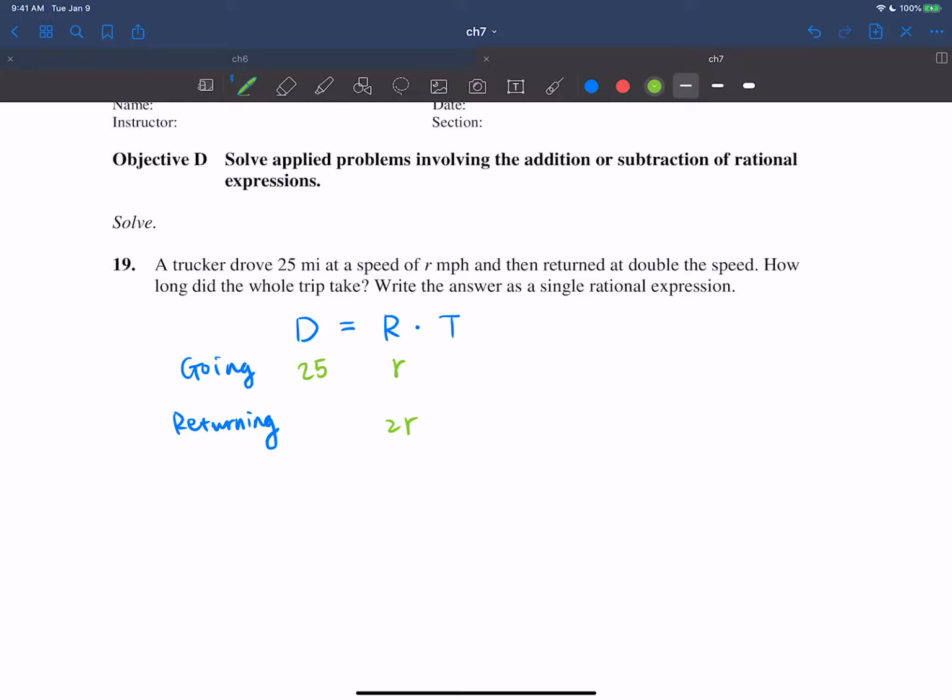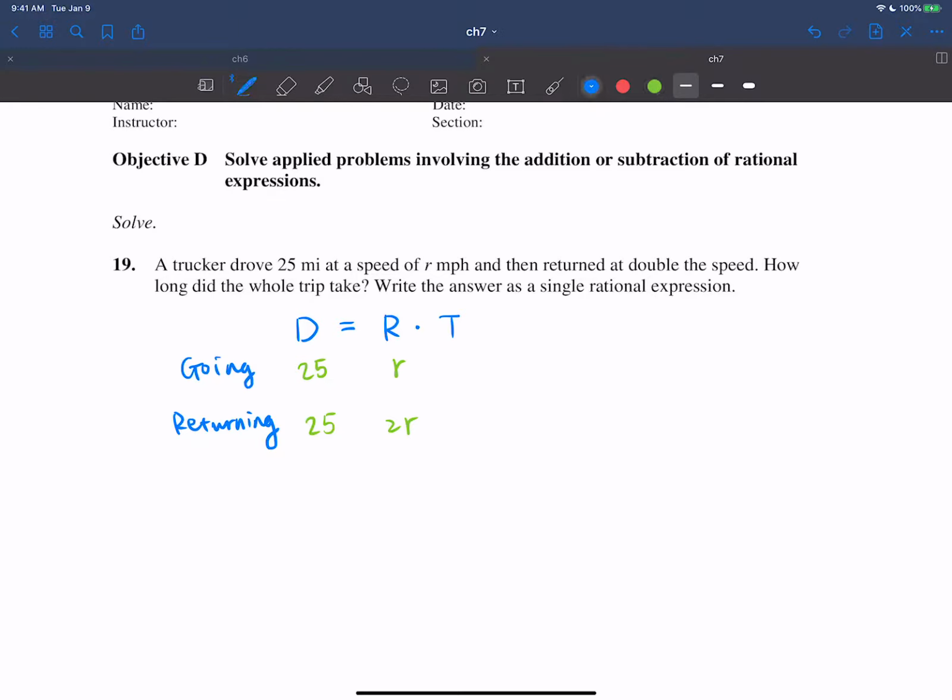And then, since it's returning on the same trip, the distance is also going to be 25, so you could put 25 right here. And for each of them, we could calculate the time. So for the first part, since distance equals rate times time, your time will be distance divided by rate.